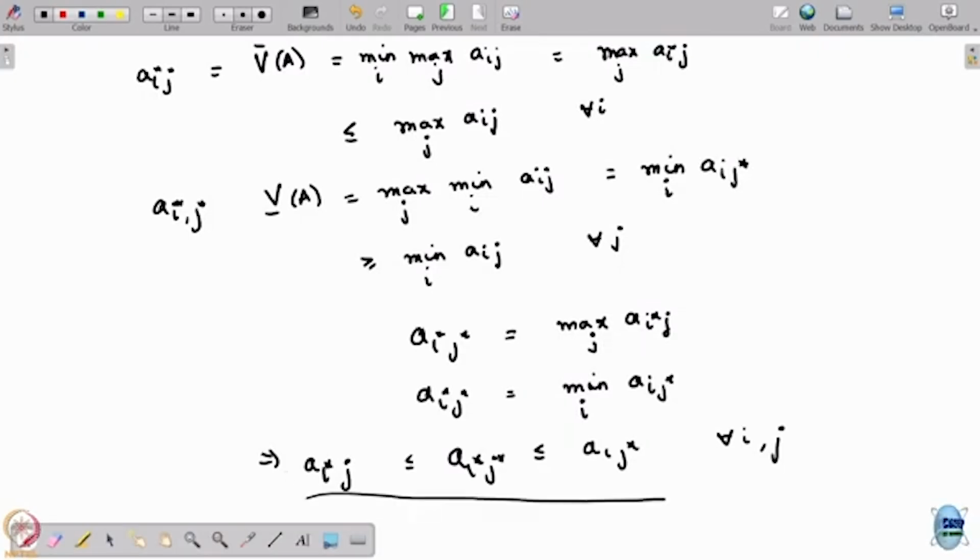Is this clear? So I just showed that V upper bar, V lower bar are both equal to a_{i*j*}, and because they are themselves equal to max over j of a_{i*j} and min over i of a_{ij*}, that then gives me this inequality. Which means that i*, j* is a saddle point.